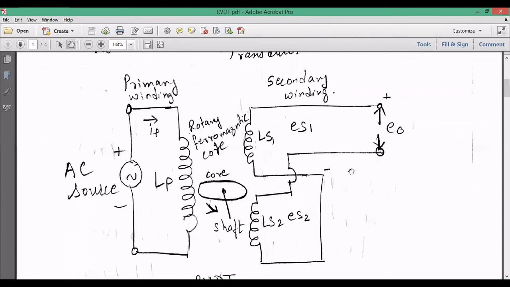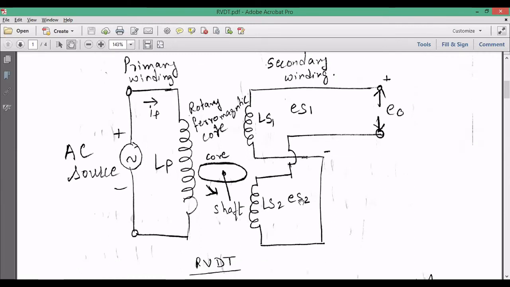In that way, I am able to differentiate the angular displacement, whether it is in the clockwise or anti-clockwise direction. So this works perfectly; it is used to convert angular displacement into voltage, and it is produced linearly. Very advantageous. One practical also we will see.